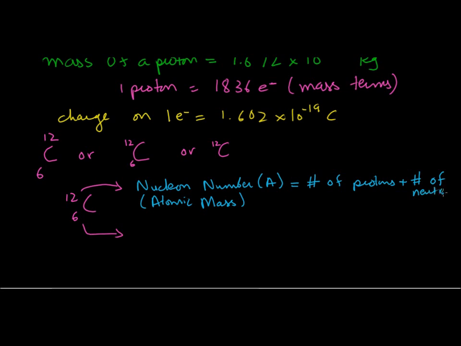Right? So simply you sum the protons and neutrons, you get the nucleon number or the atomic mass number represented by an A.